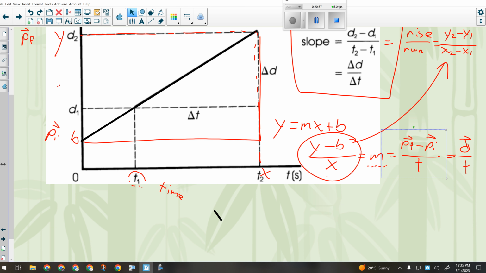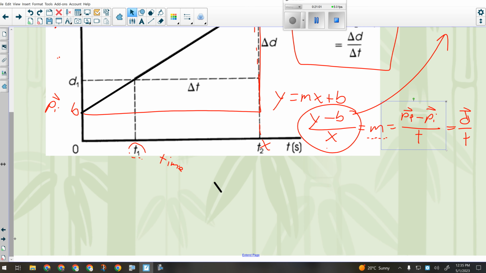Okay, if I was looking at a different graph, let's say we had one that looked like this.